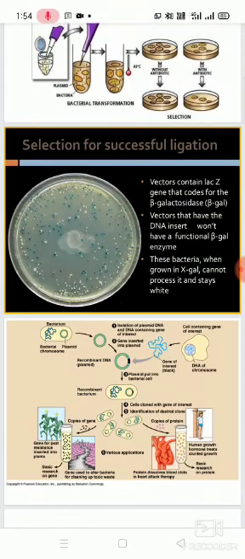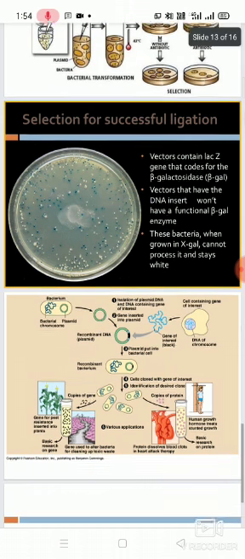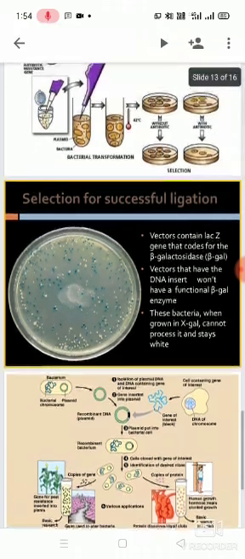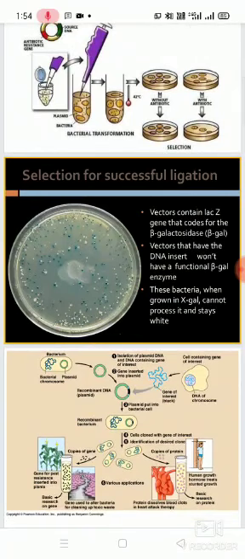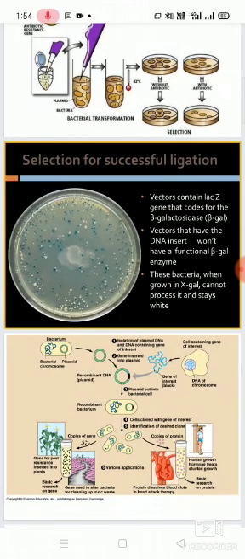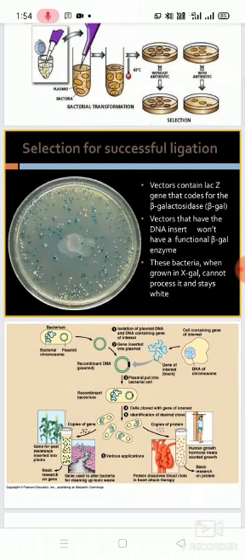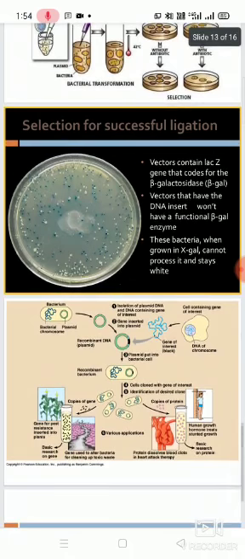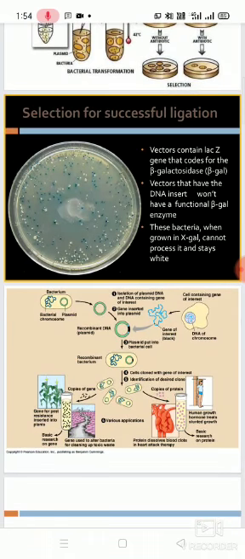Then the second case is the presence of the beta galactosidase gene. Fine. So the gene of interest will interfere with the beta galactosidase gene, and that is the positive case. If it interferes, that means the gene of interest is finally transformed, because beta galactosidase will convert the X-gel into a blue product.